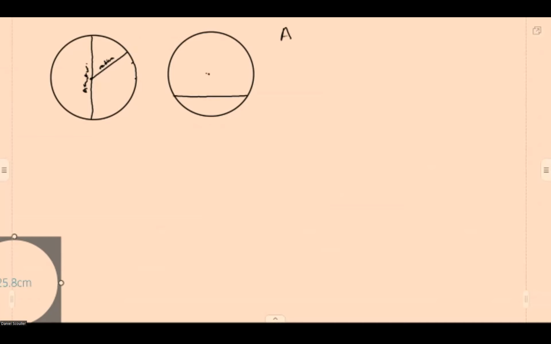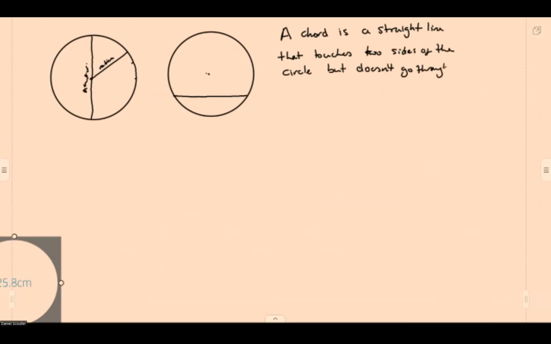So a chord is a straight line that touches each side, so it goes from side to side of the circle, but does not go through the middle.